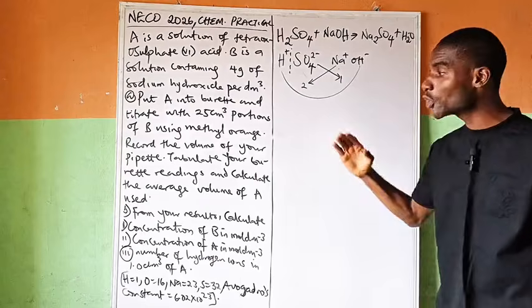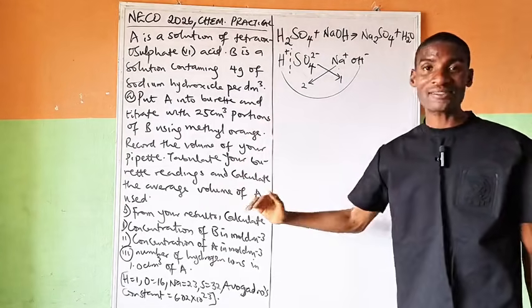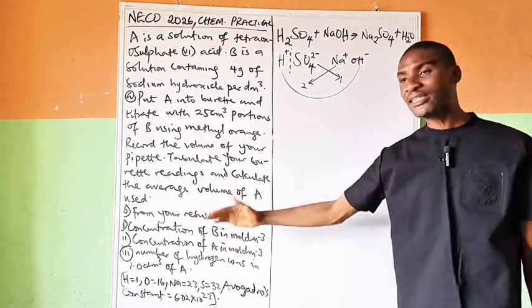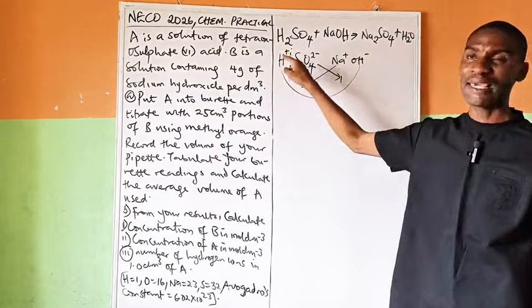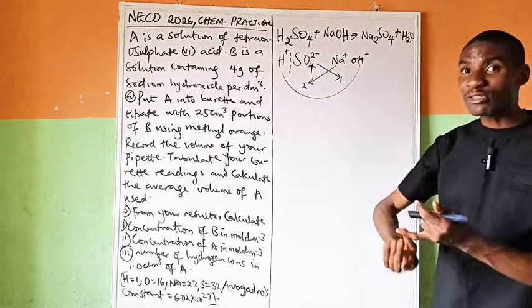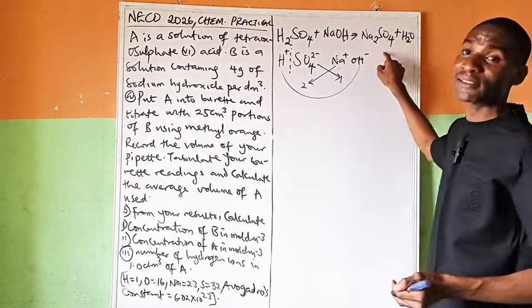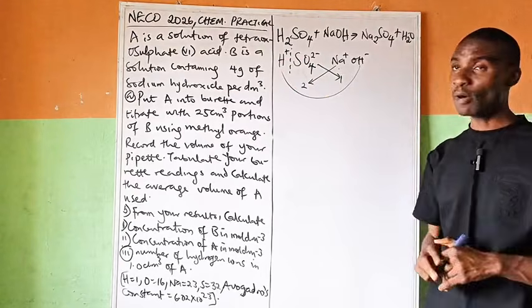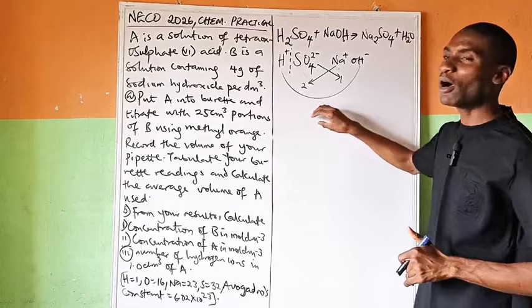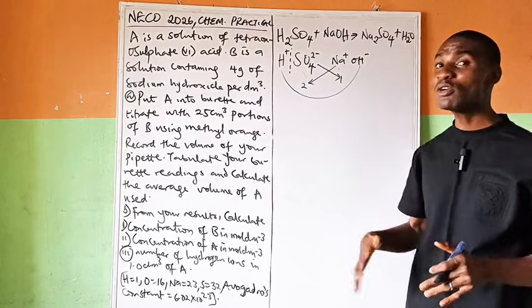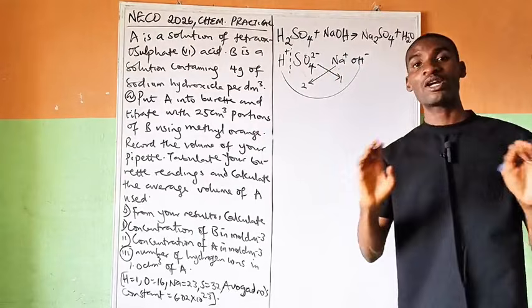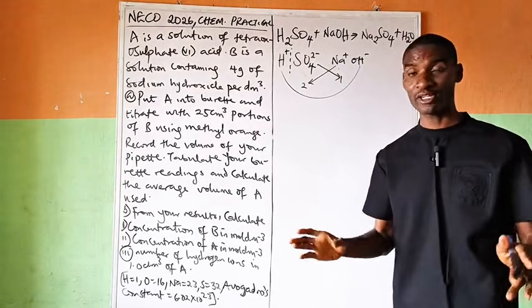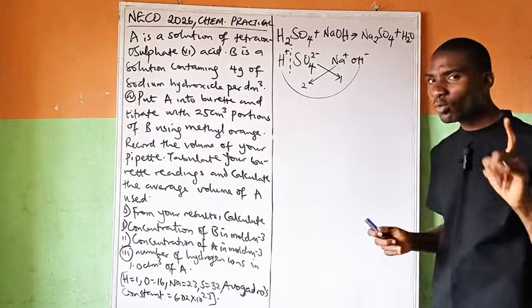So even if you know the right thing to do for each step of your calculation, if you make your mistake from here, number one, you will waste time trying to balance this equation. It will not be balanced. Number two, your number of moles of acid and base will be affected, and it will render all your calculations null and void or wrong. Right, so you don't want to make that mistake.